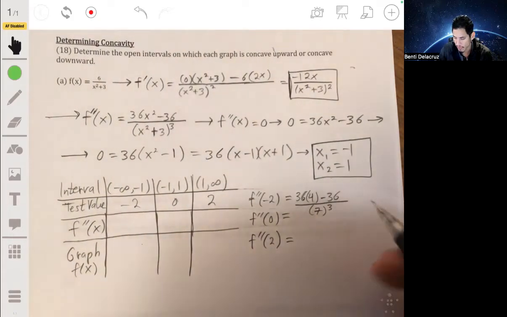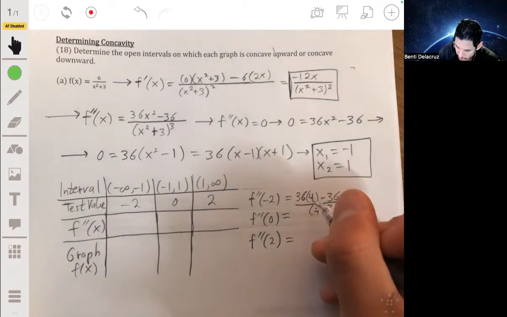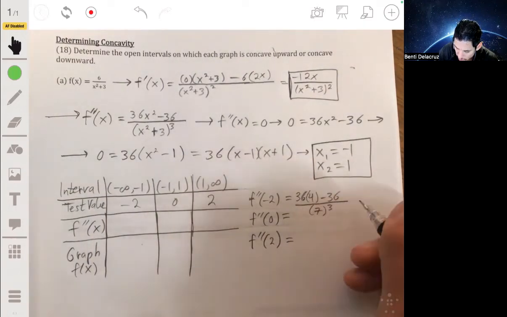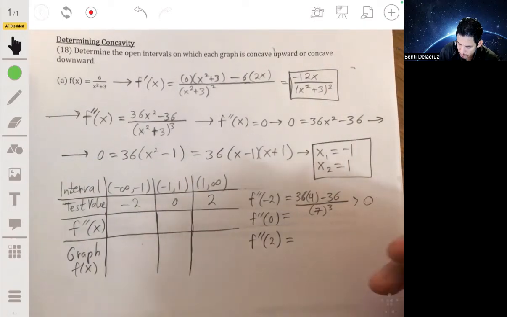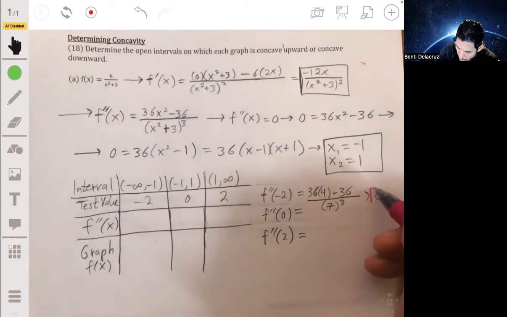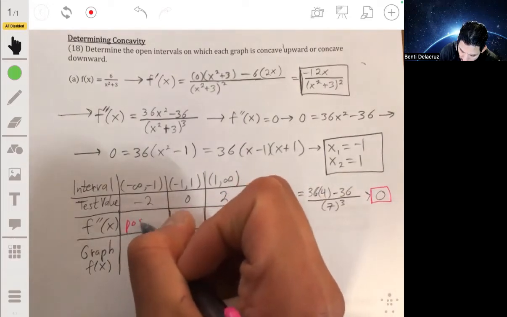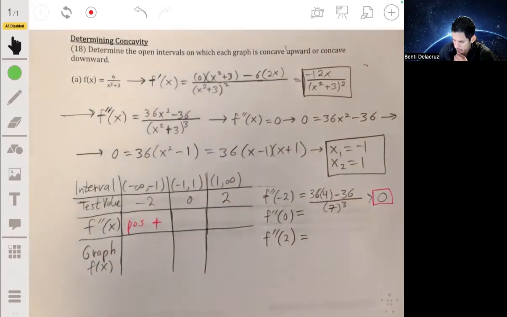We're going to get a positive number here, since 36 times 4 is bigger than 36. Again, we only care that it's positive. So let's put positive here.